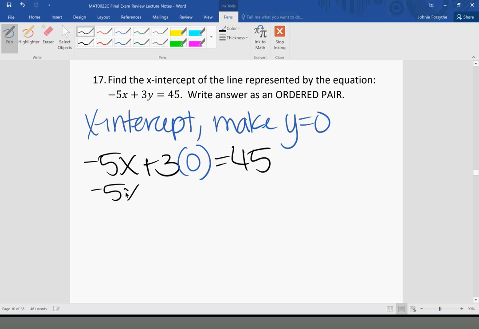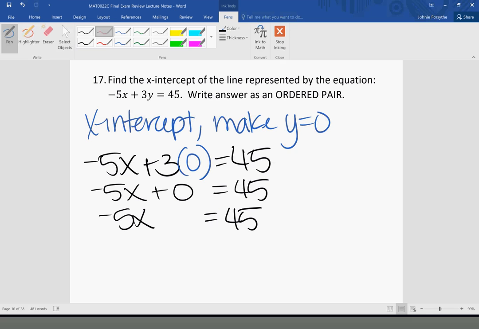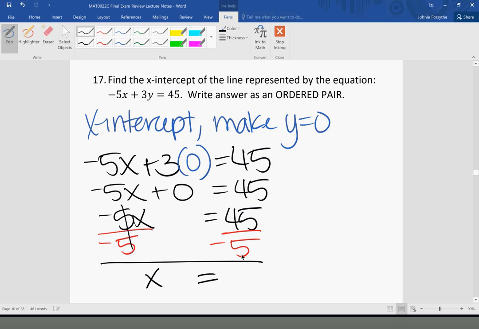So we have negative 5x, 3 times 0 is 0, equals 45. So negative 5x equals 45. And then to solve for x, we're going to divide by negative 5. So x equals 45 divided by negative 5 is negative 9.